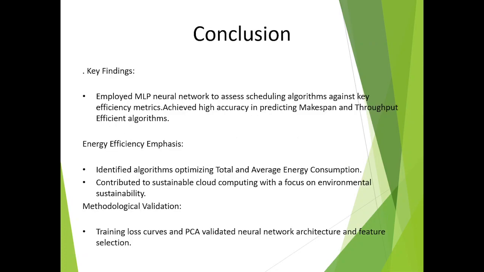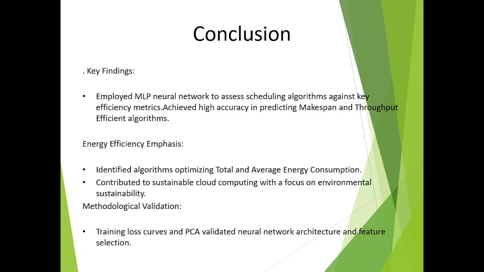To conclude, to summarize whatever we have said till now, the key findings of this project are that we've employed the MLP neural network to assess scheduling algorithms against key efficiency metrics, and we have achieved high accuracy in predicting makespan and throughput efficiency algorithm.